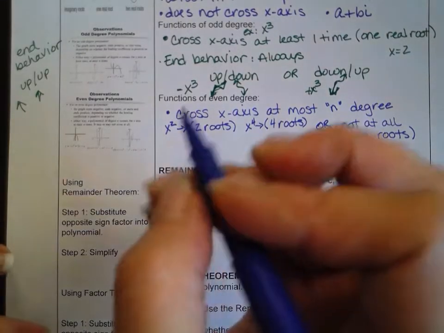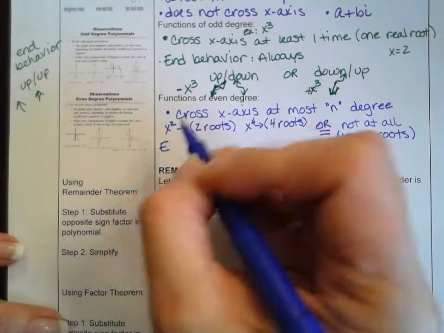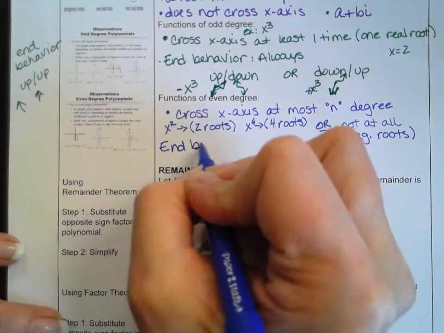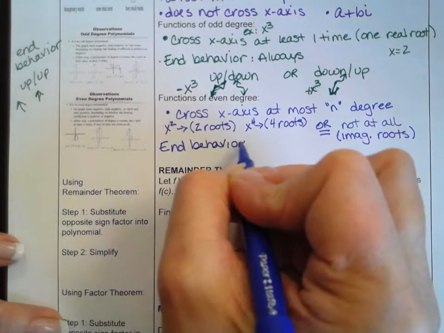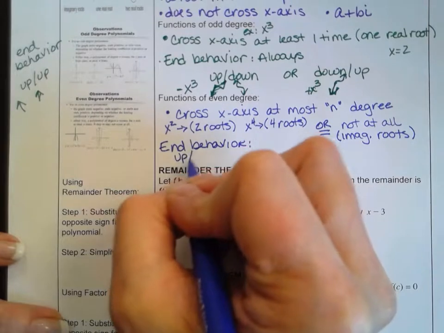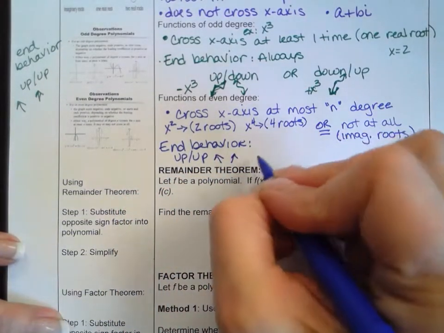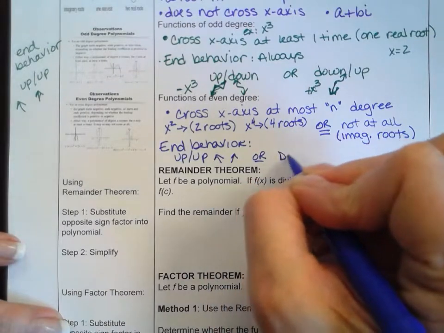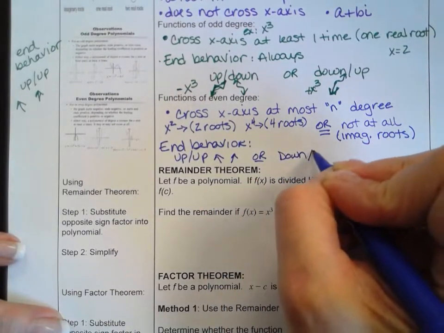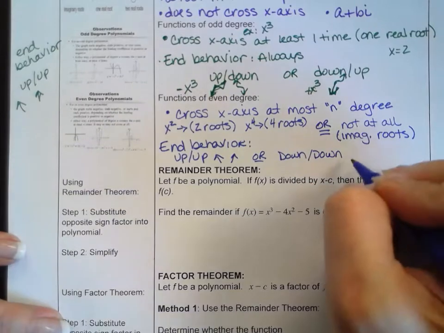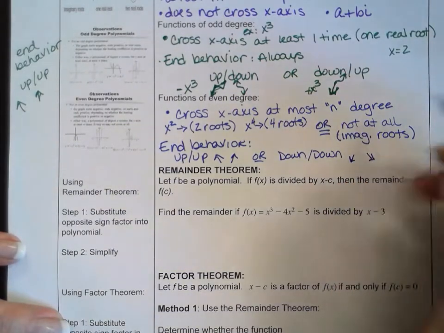All right? Your even degree end behavior is always up, up, if it's positive, or down, down, if it's negative.